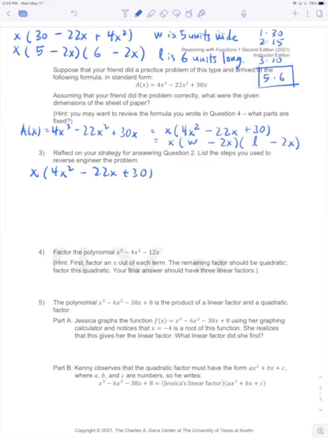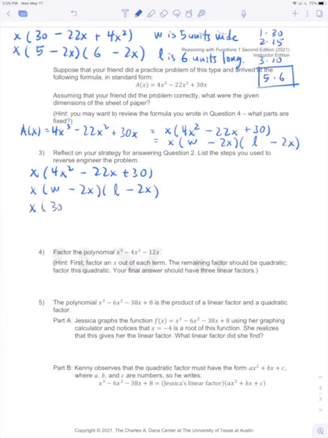Once we did that, we noticed that the problems always ended up looking like the width minus 2x times the length minus 2x. So then we went to the top of the page, and we switched the order around.